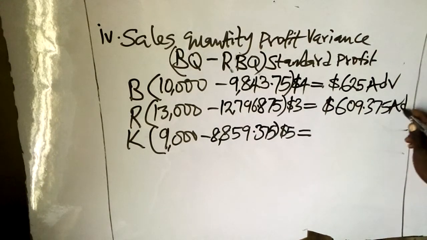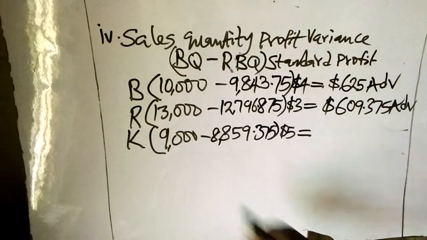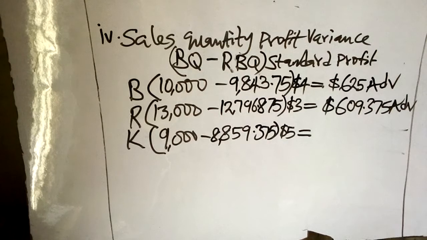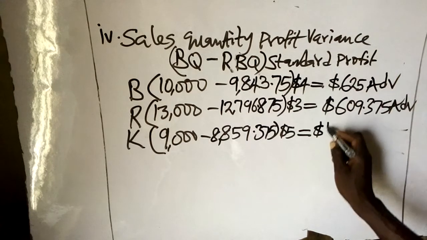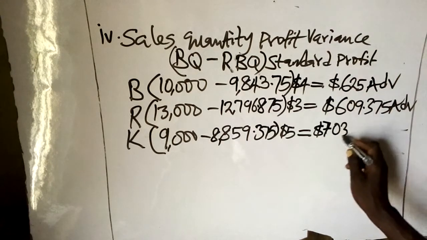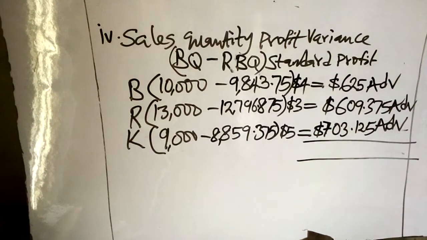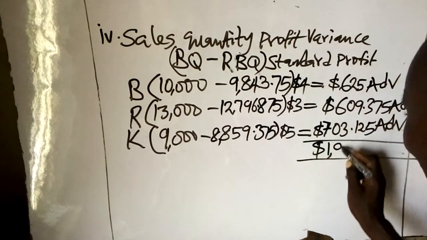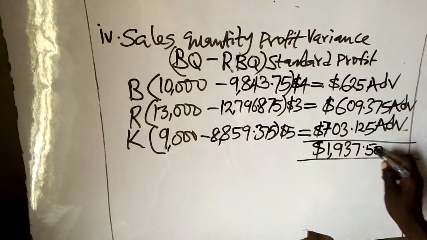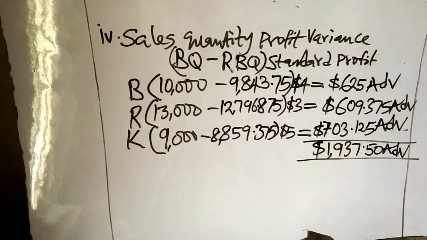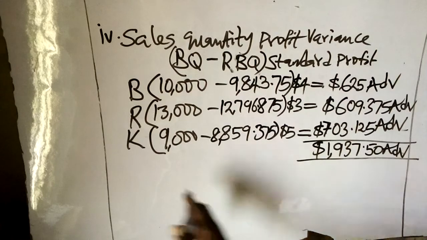Then if you subtract this, multiply by 5, we have 703.125 adverse. Everything is adverse. So you sum it up, you have 1,937.5 adverse. This is the sales quantity profit variance.